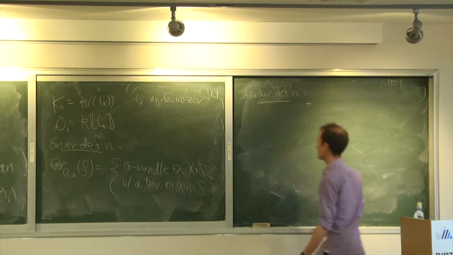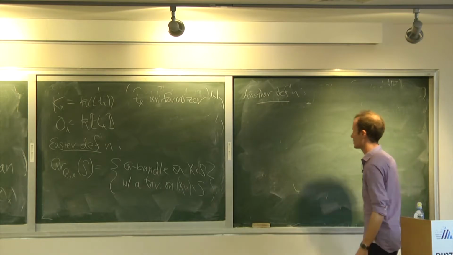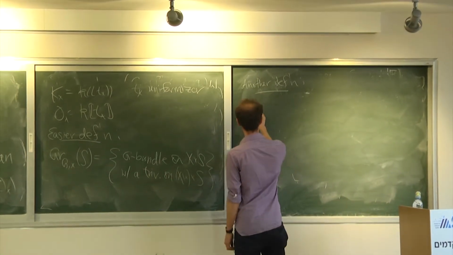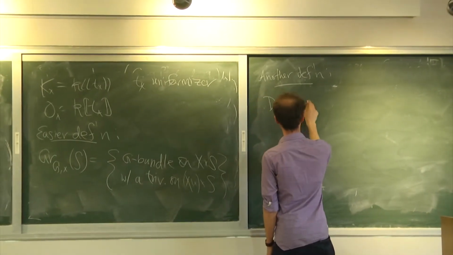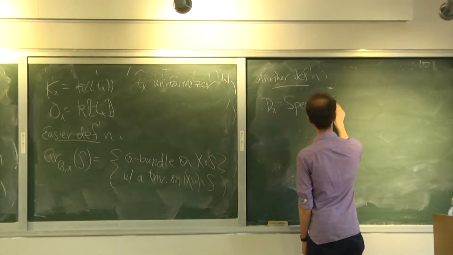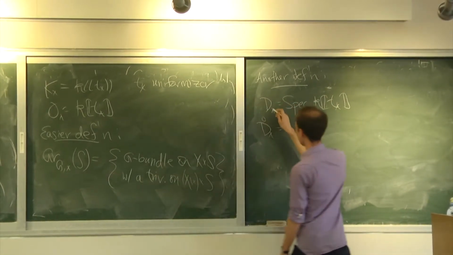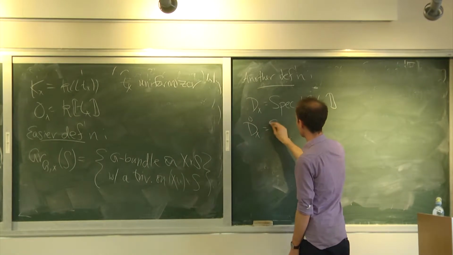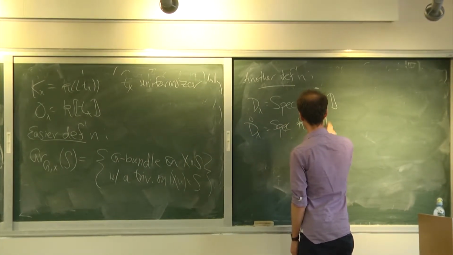Another definition, not so relevant to factorization necessarily, but just because the affine Grassmannian is being introduced now. Another perspective is to define D_x to be the spectrum of this algebra. I'll call this the disk. I will call this the punctured disk. So this is Spec of k double brackets t.